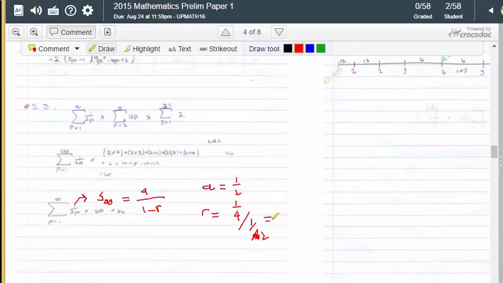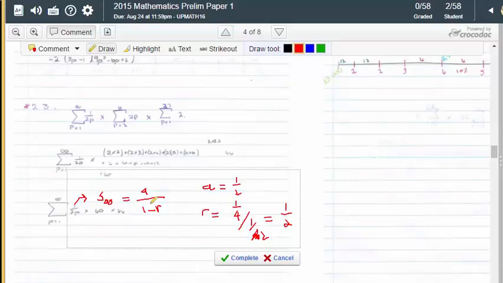And that gives me a quarter divided by a half is a half. Okay, and so I just do the sum to infinity. So it's a, which is a half, over 1 minus a half, which is a half. So I get a half over a half, which is just 1.